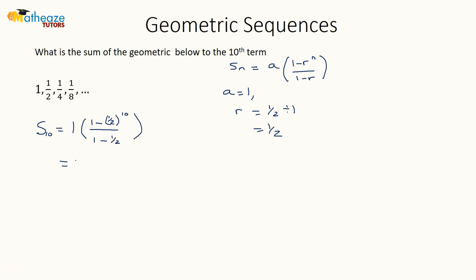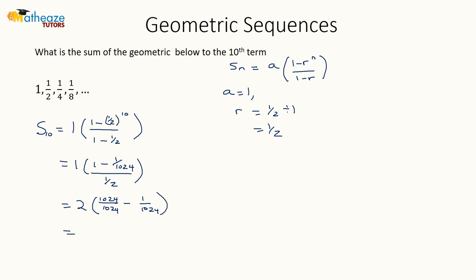So this is going to give us 1 minus 1 over 1024 divided by 1/2. So this is going to be 1 divided by 1/2 is going to give us 2 multiplied by 1024 over 1024 minus 1 over 1024.